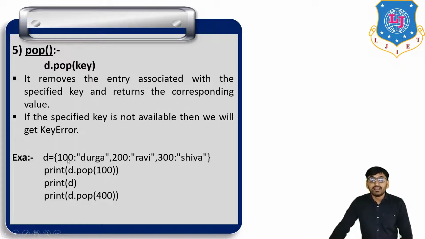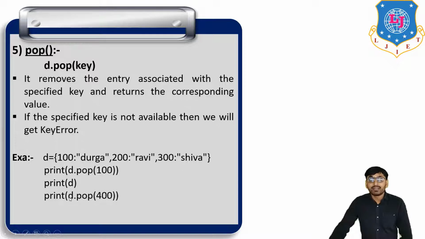And this 100 and Durga is removed from the dictionary. So then in the second print D, only two key value pairs remain, 200 Ravi, 300 Shiva. These two key value pairs are obtained in the second answer.